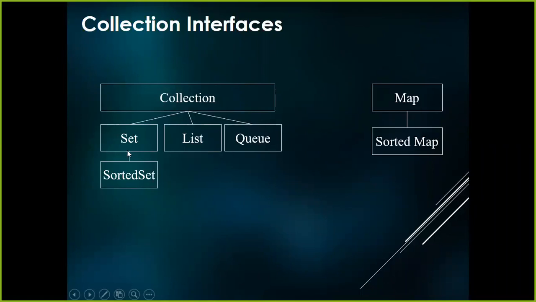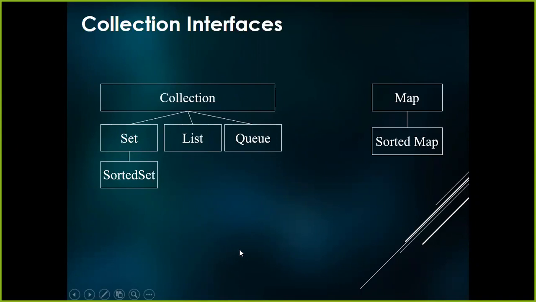Now coming to the set, it is also a collection of similar type of elements only, but it will not contain the duplicates, whereas list can contain duplicates also. So duplicate employee names can be added to the list, but duplicate employee names cannot be added to the set.